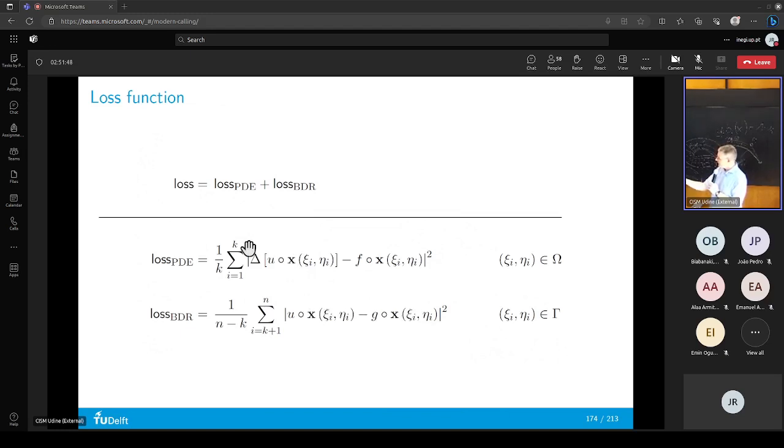Here I take k, but it can be more than that, a couple of points in the interior, a couple of points on the boundary. And remember, these are, let's say, Greville points or superconvergence points. You know where they are, because they have a nice structure in the parametric domain.